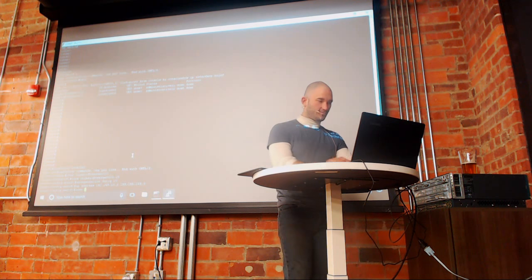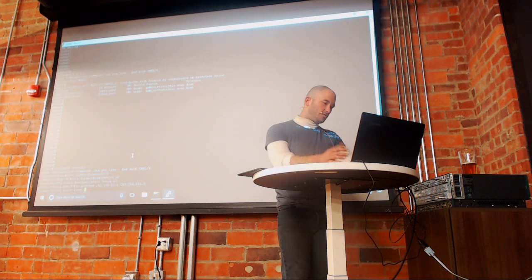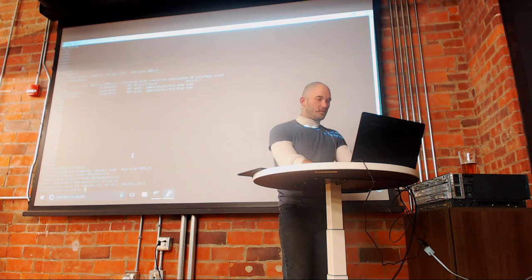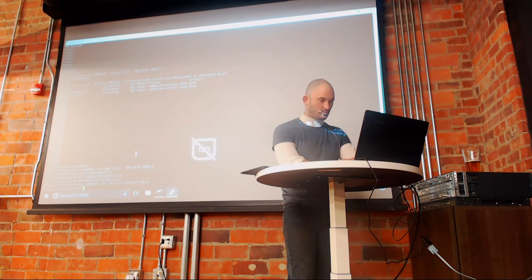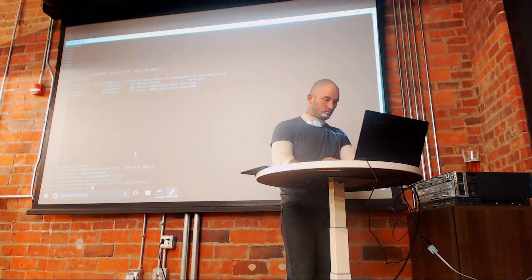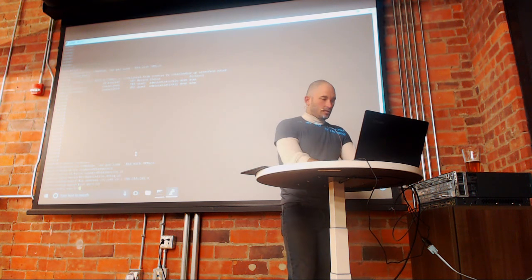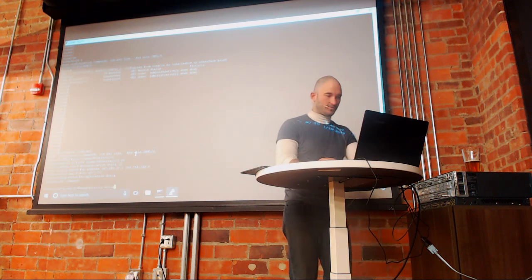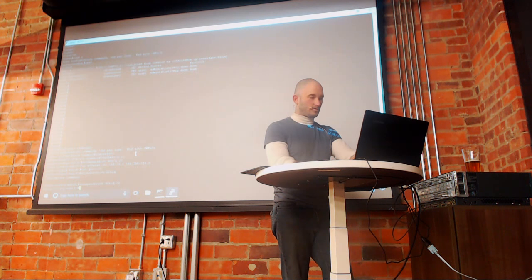In general, with the other two VLANs set up, I'm just going to do the same process for the other ones that are simulating actual segments or virtual segments of the network.